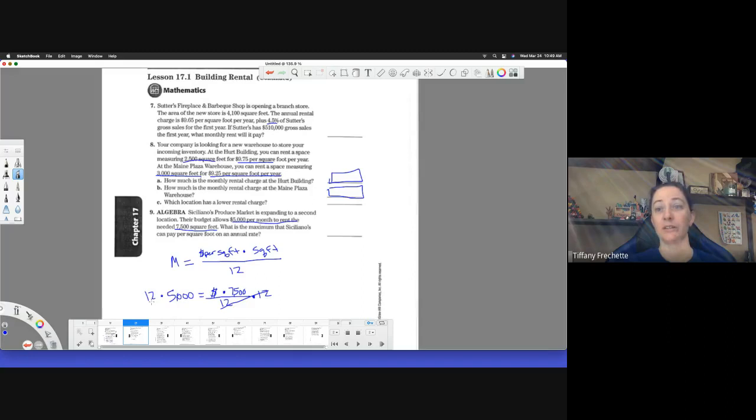So I end up with 12 times 5,000 on this side, and I'm going to let you guys do this calculation. And on this side, I just have my variable times $7,500, like that. So now this is multiplication. Well, same thing here. If this was division and I undid it with multiplication, I'm going to undo it with division.